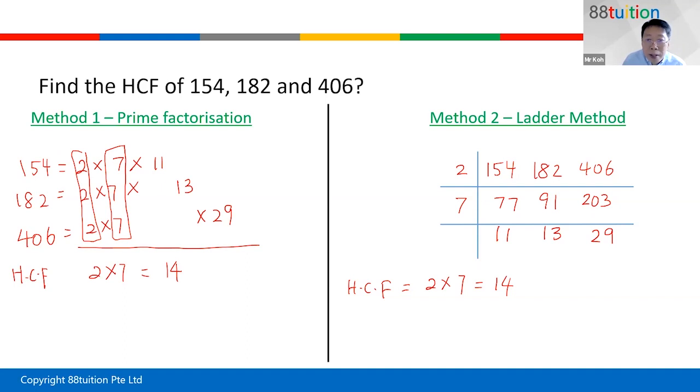Yeah, and not okay? Jingyi, all right? Jing Xuan, are you okay? All right. Is it new to you, Jing Xuan, about finding HCF using prime factorization and ladder method? Yes. Oh, so have teachers started your math lessons already in school? No. Teachers started prime numbers already?